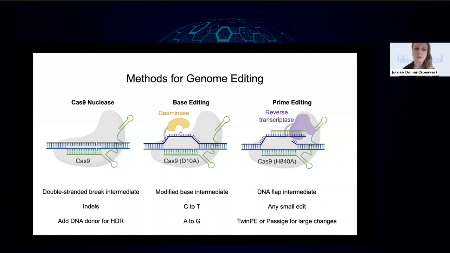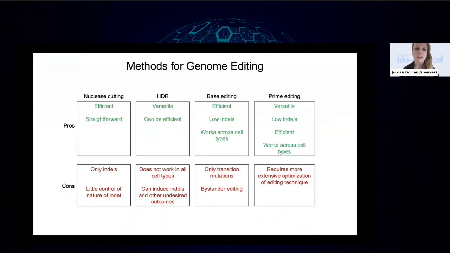Cas9 nuclease, base editing, and prime editing all have their pros and cons, right? If you just wanted to knock out a gene, for example, you might just want to use Cas9 nuclease. It's efficient, it's fairly easy to do, but the downside is that it only generates indels, and you often can't control what these indels are. Let's say you wanted to install a specific mutation in an HDR competent cell type, then maybe you would use HDR.